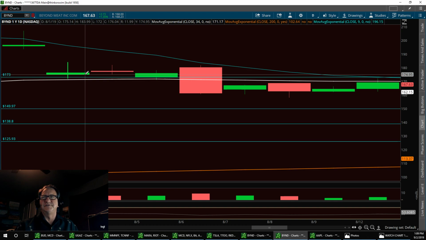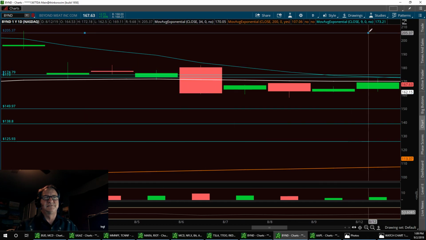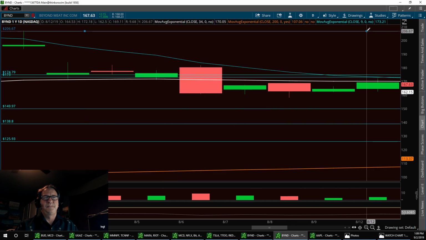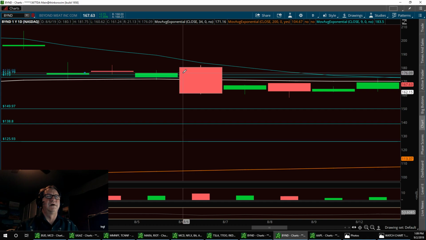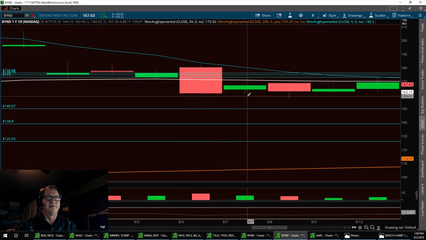So I probably want to go ahead and say 173.79, 174.80, somewhere around there. If we can get there, we might be able to bust past this 176.09 area.